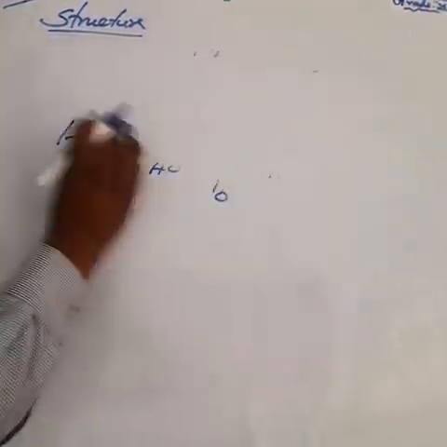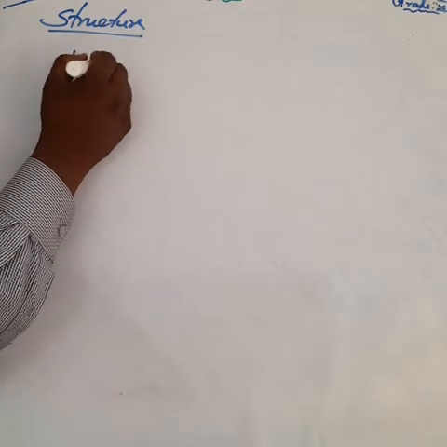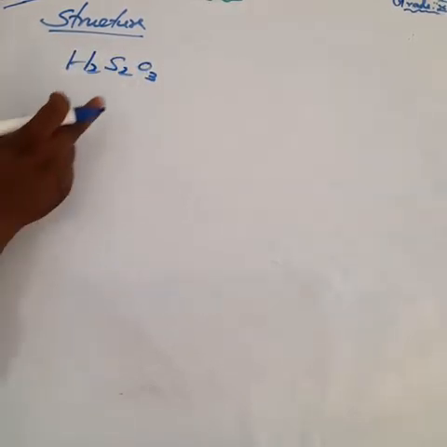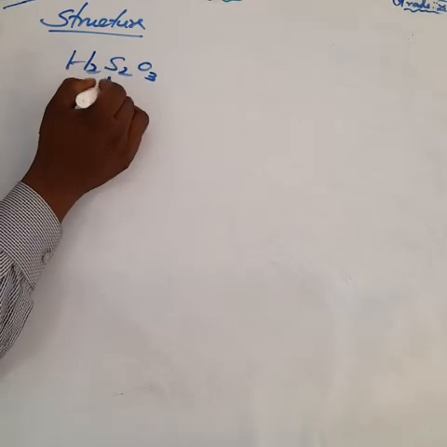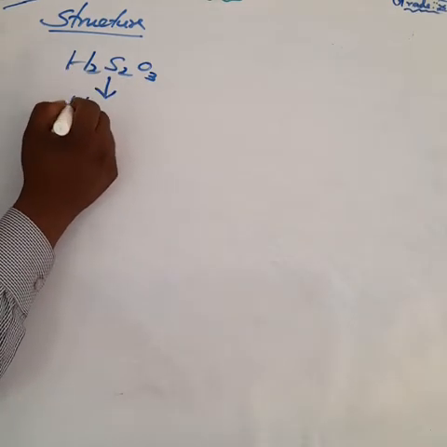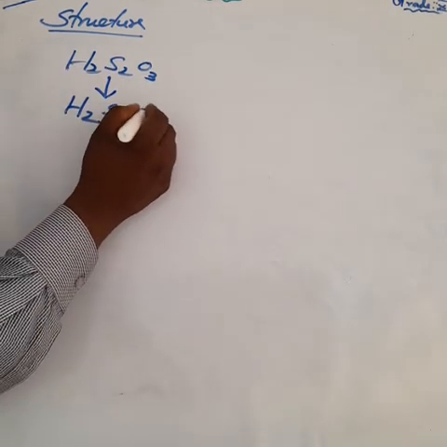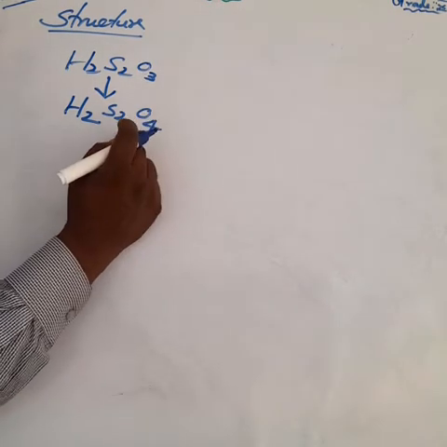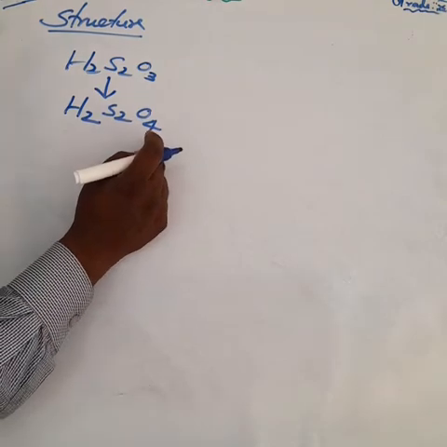Next one, dithionous acid. That means thiosulfuric acid, if you are adding one oxygen, we get dithionous acid. That formula is H2S2O4. Am I right? So that is two hydrogen, two sulfur, four oxygen.